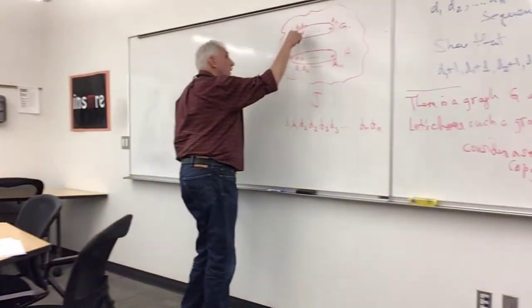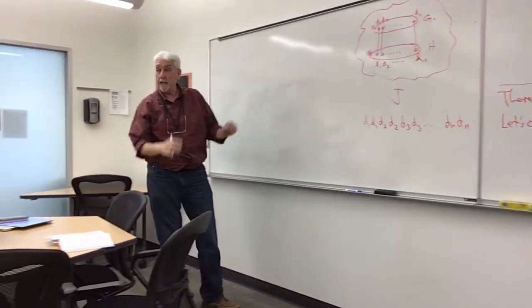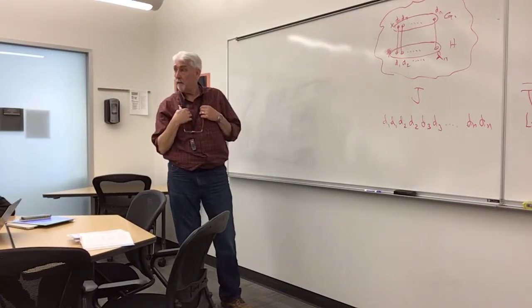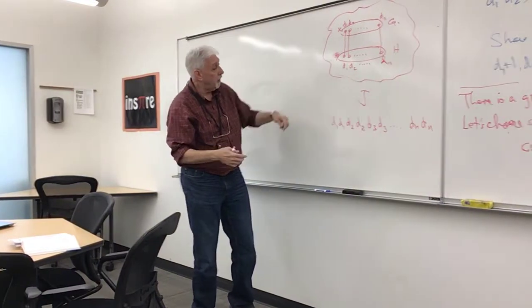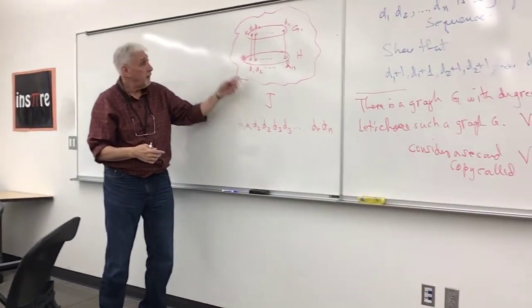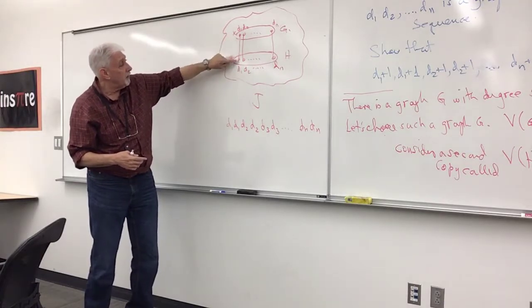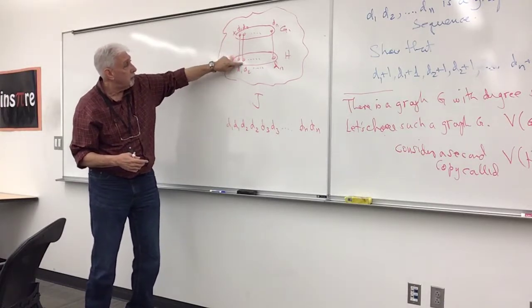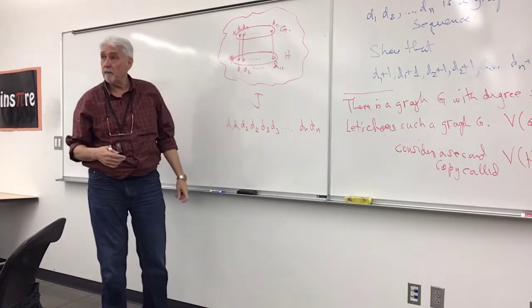So this is the picture. The degrees of this graph, we call this graph J, look to be D1 plus 1, D1 plus 1, D2 plus 1, D2 plus 1, D3 plus 1, D3 plus 1, Dn plus 1, Dn plus 1.